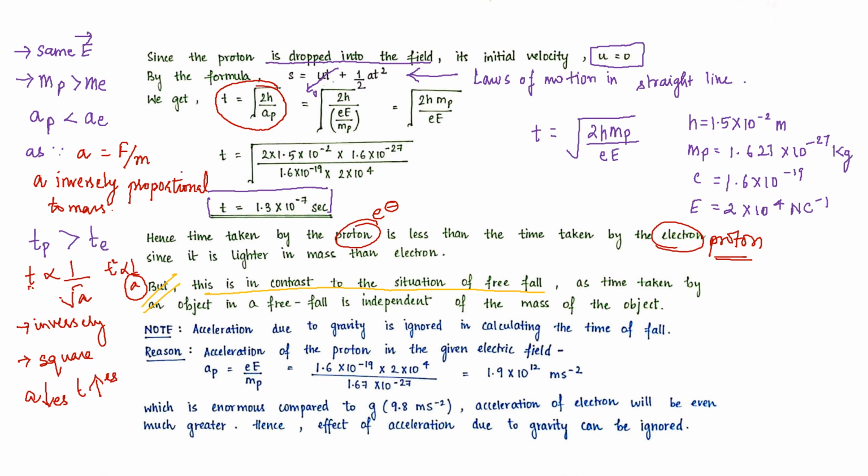Why so? Because the time taken by an object in free fall is independent of the mass of the object. While studying gravitation, you all might have gone through this.